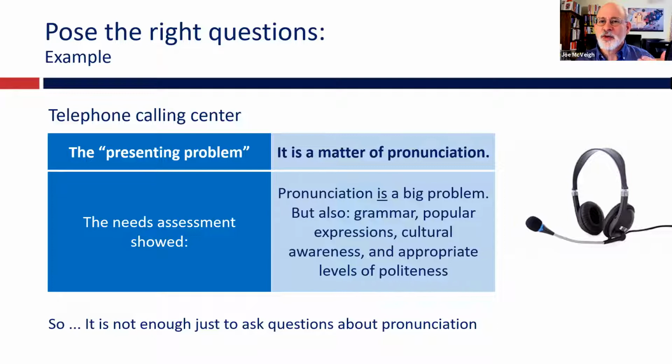So just, if you're put in a position where some person is asking you to look into something, make sure that you go a little bit deeper so that you're really getting to the root of the problem or the issues. So these are all different kinds of questions that we might pose. And let's look at some examples of some of the questions that we might want to ask.